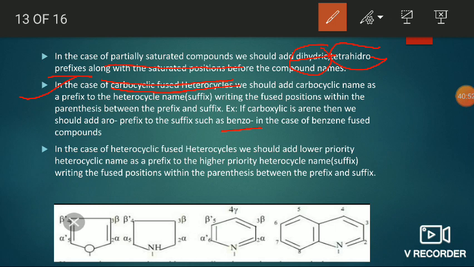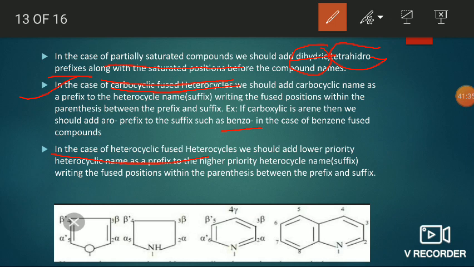Okay. In the case of heterocyclic fused heterocyclic compounds, that is, if a condensed heterocyclic compound is fused with another heterocyclic compound, then we should add the name of the lower priority heterocycle before the higher priority cycle name as a prefix. That is, if the condensed heterocycle contains two heterocyclic rings, then we should prioritize the two rings.